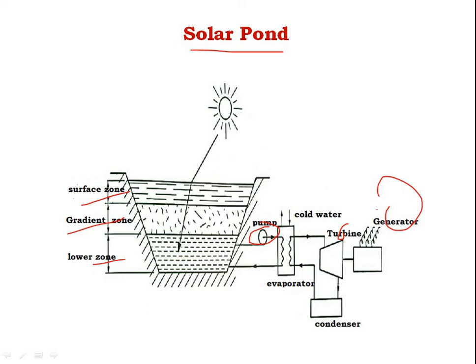Based on the variation of brine solution density, a solar pond has three zones, as I said at the beginning: lower zone, gradient zone, and surface zone.